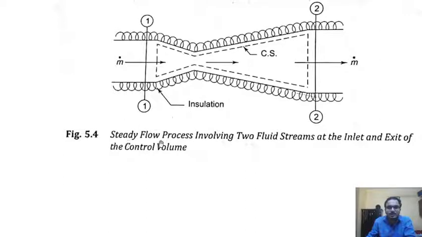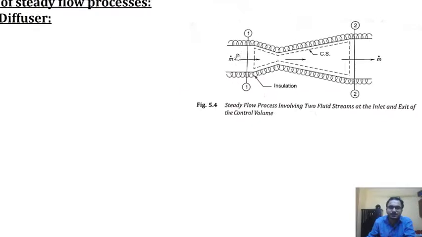Here this is a nozzle, in which first we have a converging area and then a diverging area. This entire nozzle is provided with insulation, so there will not be any form of heat transfer. Here this is the control surface which is defined.